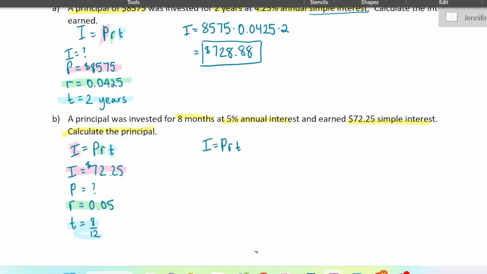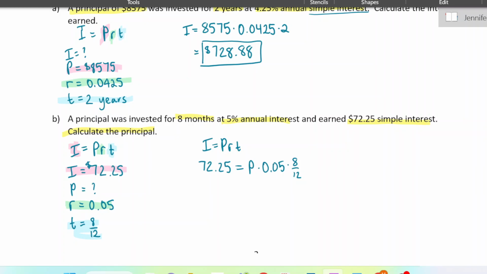Okay, so we have 72.25 equals P times 0.05 times 8/12. Now, what I like to do is just move all the terms over before I start multiplying things. That saves me some time in my calculator.